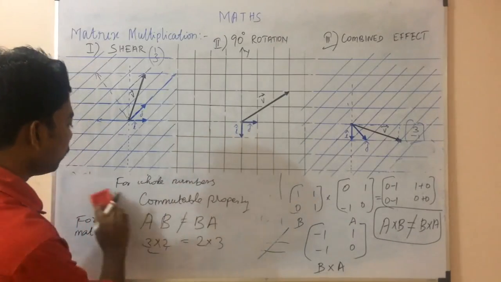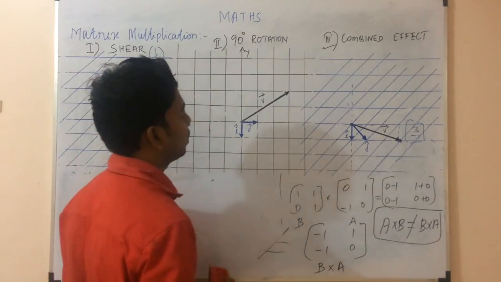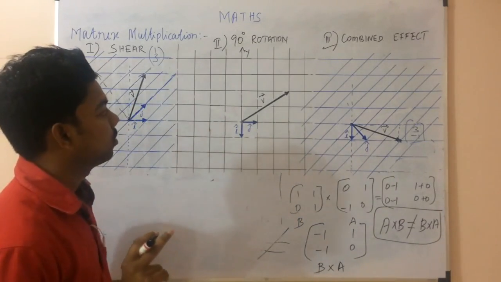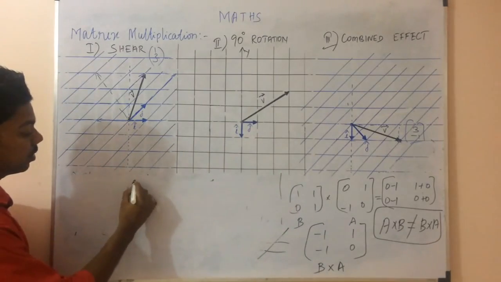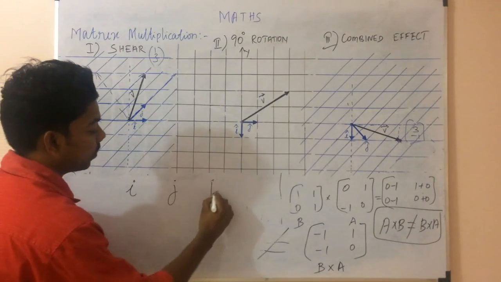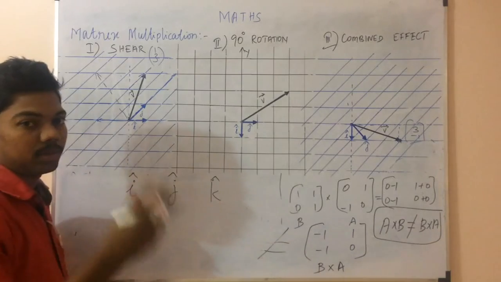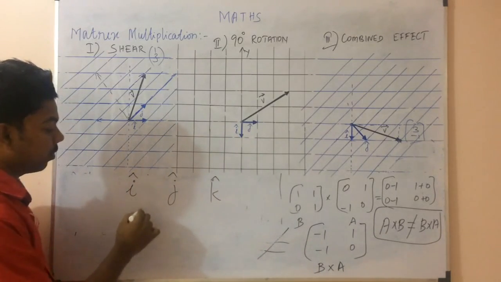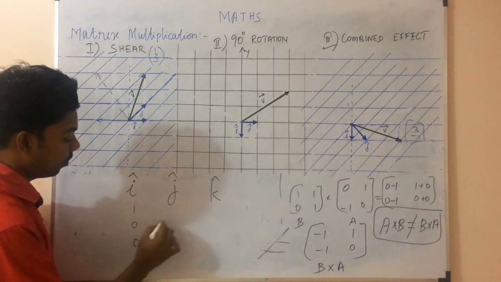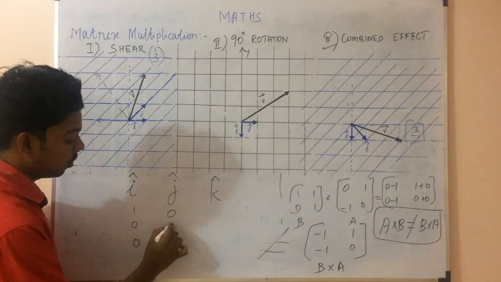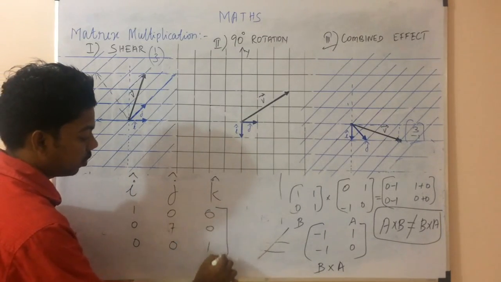So we have completed our classes now. Please note, in 3 dimensions we will have i cap, j cap, and k cap, because there will be 3 unit vectors in 3 dimensions. The coordinates are 1 0 0 for i cap, 0 1 0 for j cap, and 0 0 1 for k cap.